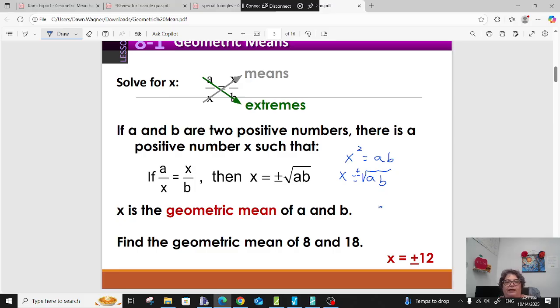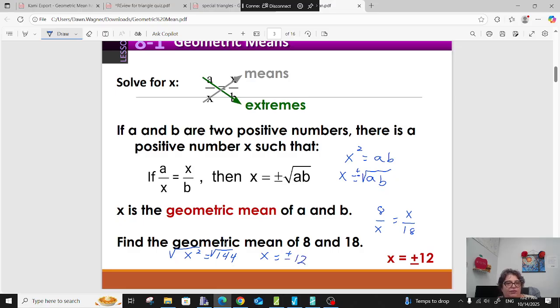That would mean you would have 8 up, 18 down, and an x on each side. So when I cross multiply, I get x squared equals, what is 8 times 18? 144. And when I take the square root of both sides, x would equal plus minus 12.